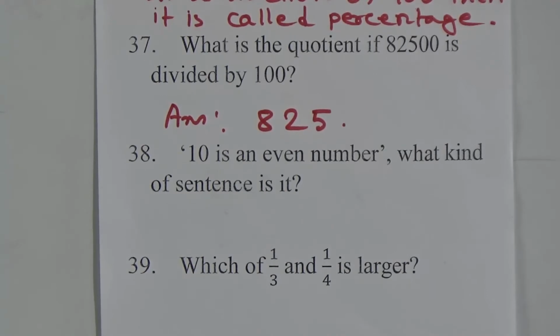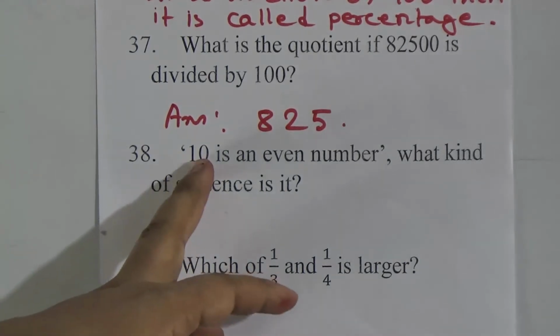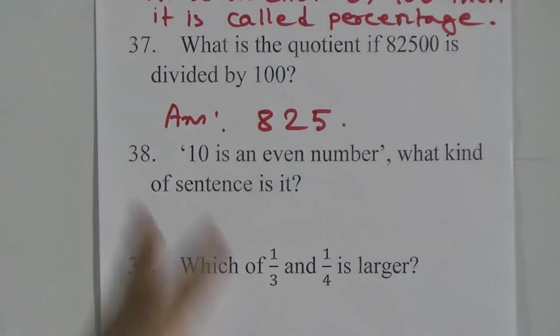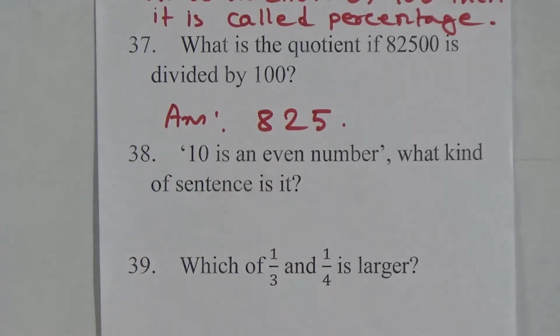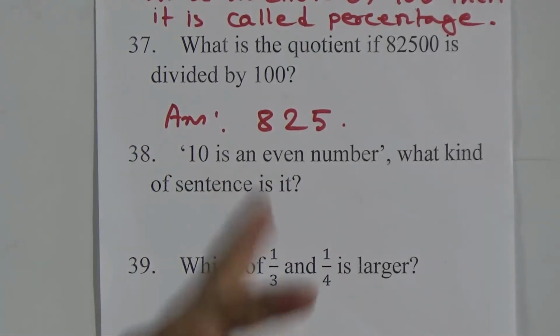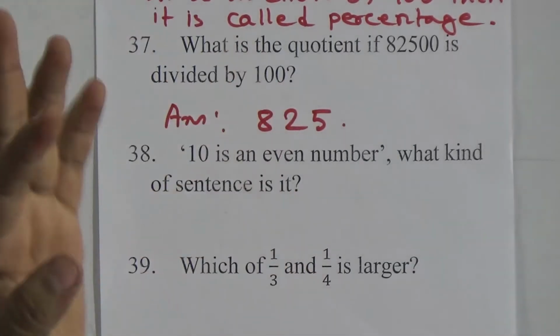My dear student, notice, a sentence which can be determined true or false, that type of sentence is called a closed sentence. I repeat, a sentence which can be determined true or false is called a closed sentence.